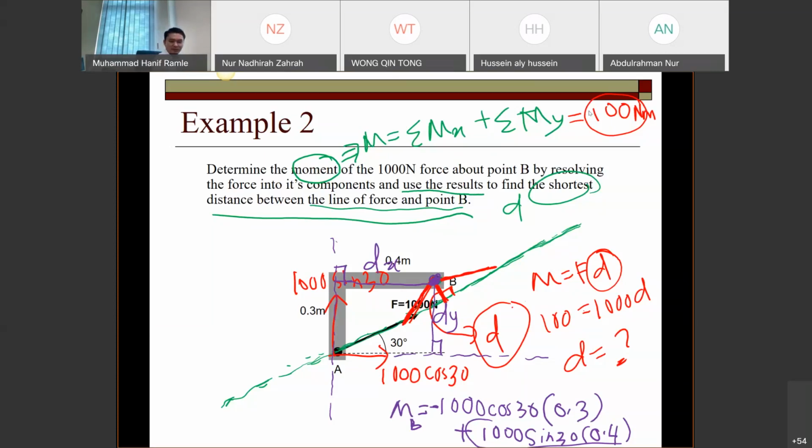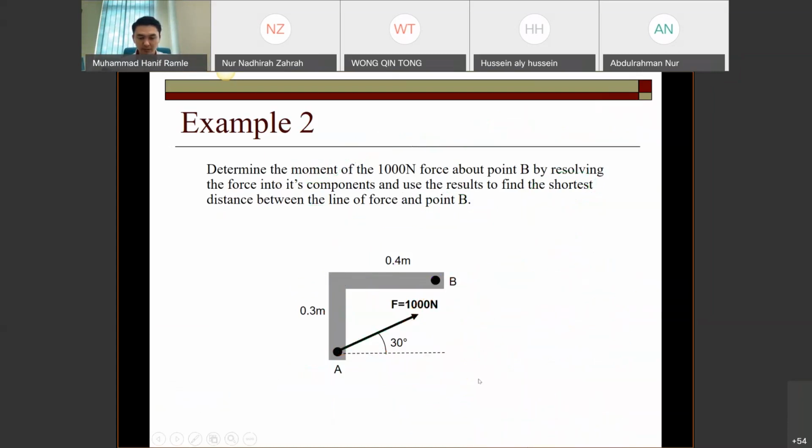Let me explain. Let me draw why this happened. So erase everything. Okay, I choose a pen, bright color. So you have this component Fx. You have this component Fy.